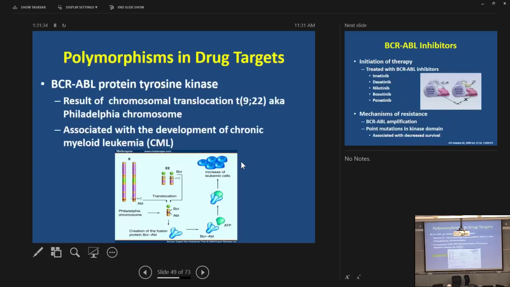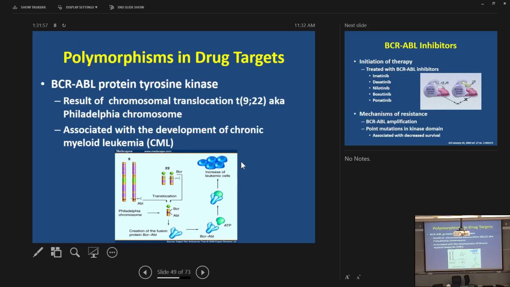All right, so somatic mutations. We'll run through these because we've seen these before. BCR-ABL is our classic drug mutation story, right? This was the first mutation where we were able to identify a drug to treat that mutation, so it became an actionable mutation.